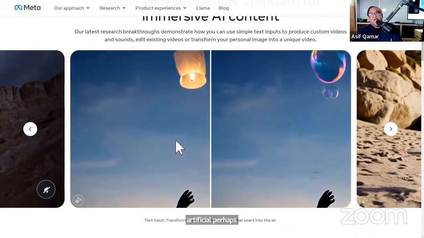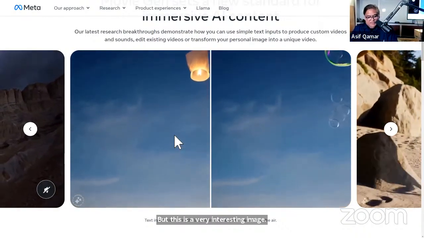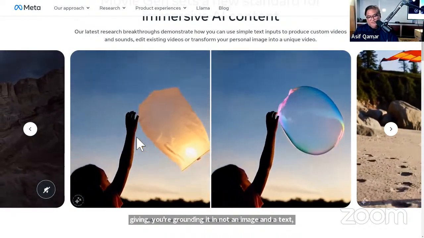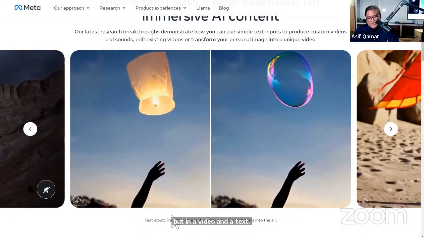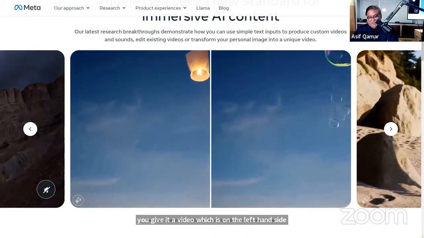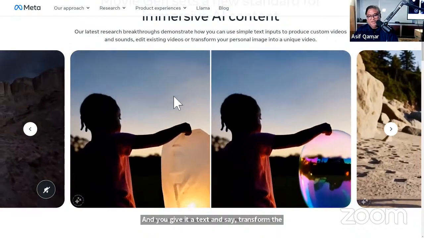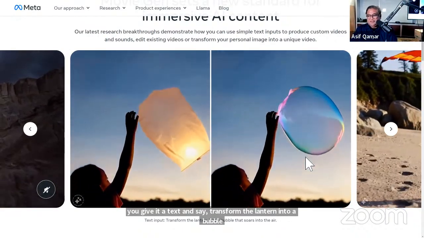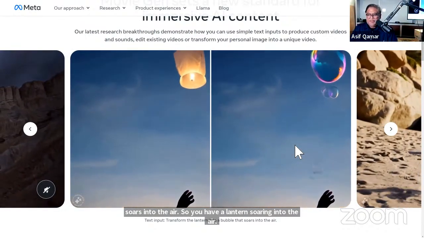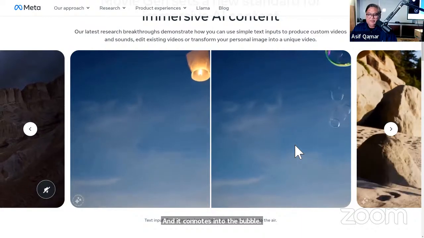But this is a very interesting example. Here you're grounding it in not an image and a text, but in a video and a text. You give it a video, which is on the left-hand side, and you give it a text and say, transform the lantern into a bubble that soars into the air. So you have a lantern soaring into the air, and it converts into the bubble. Now, I will let you observe something remarkable about this bubble.